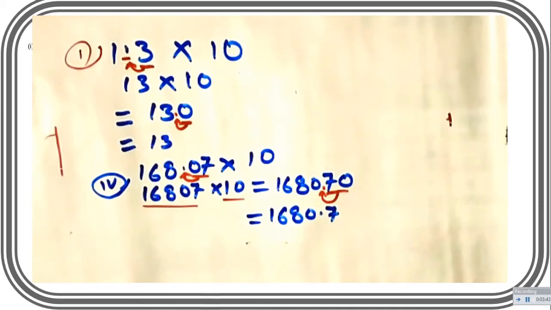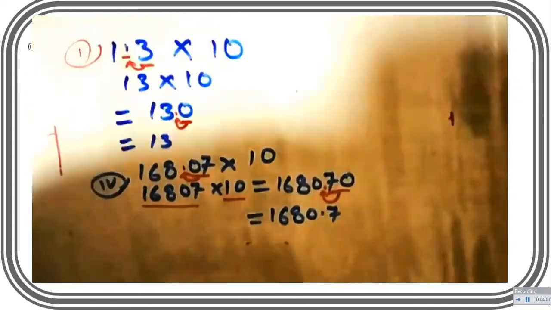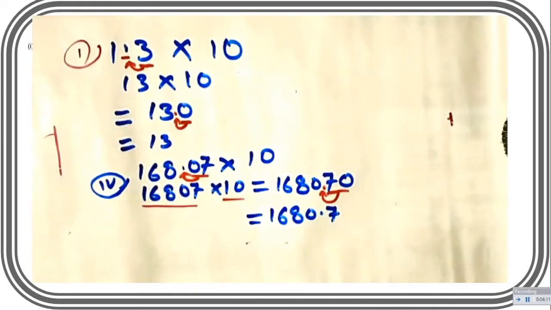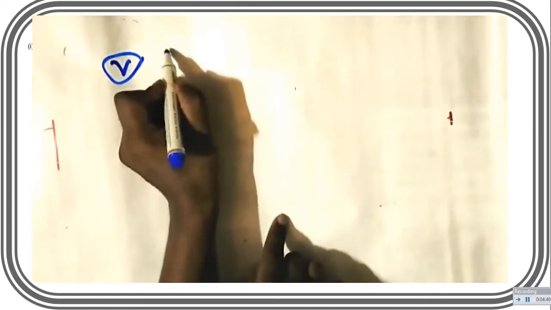Now similarly I am going to solve the 5th part. Fifth part, 31.1 multiplied by 100.